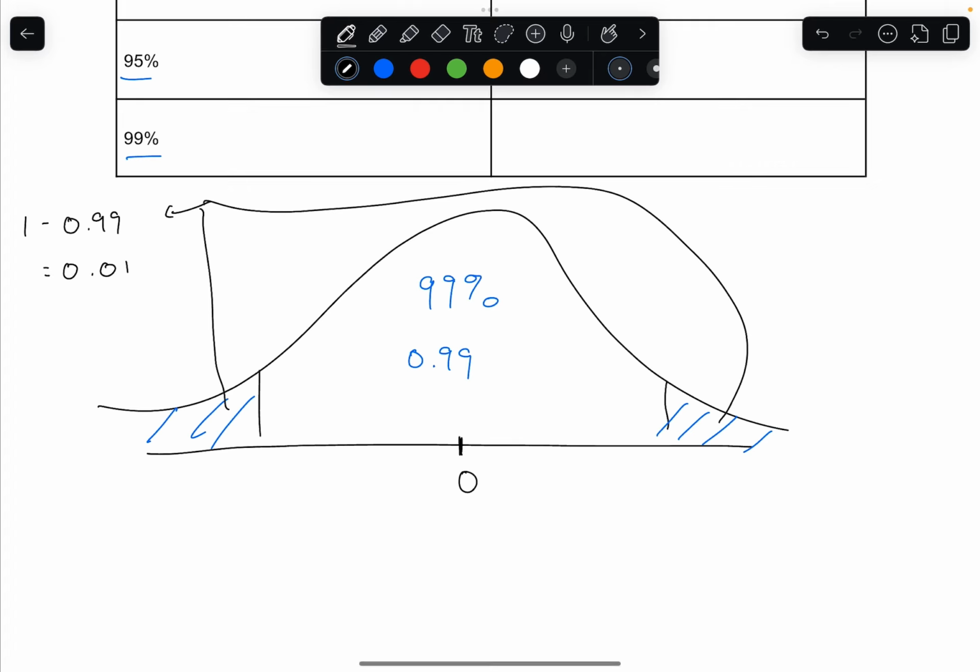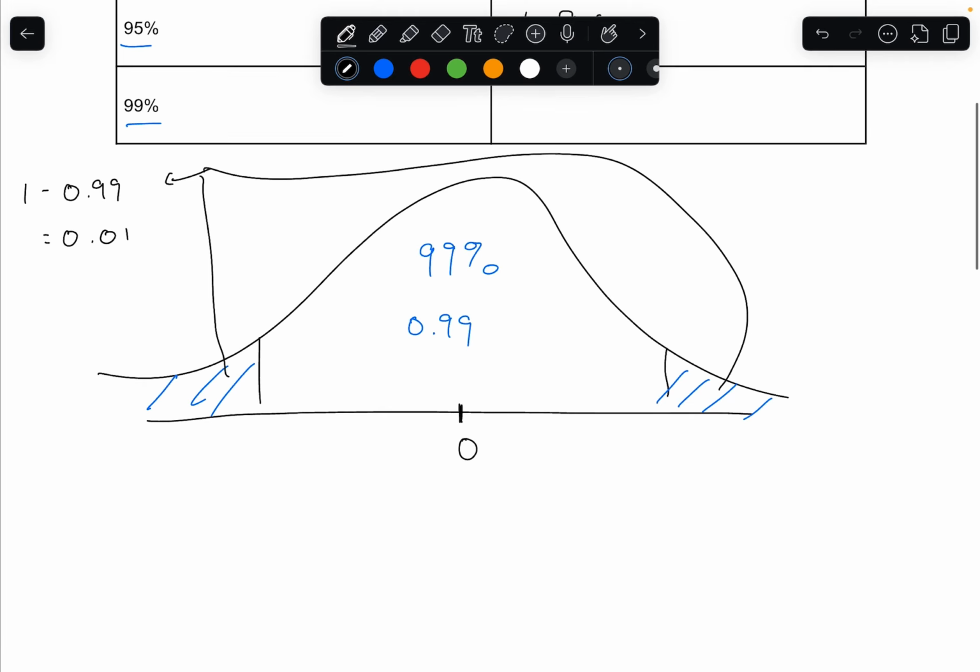So that's the area in the two tails combined. If I wanted to talk about the area in just one of those tails, I'm going to take 0.01 divided by 2. I end up with 0.005. So this is the area that I'm going to be looking for within my z-table, 0.005.